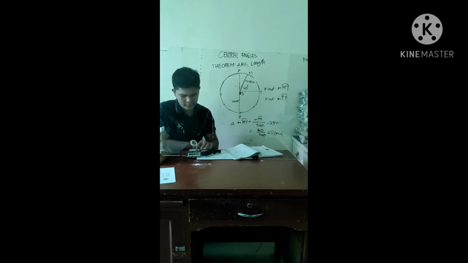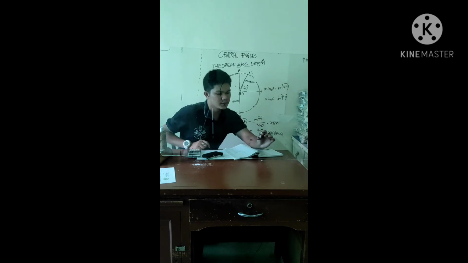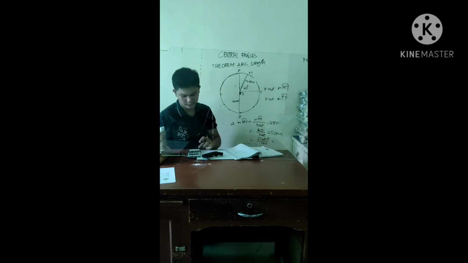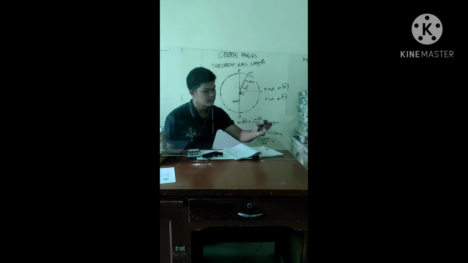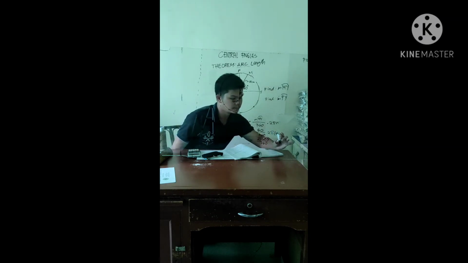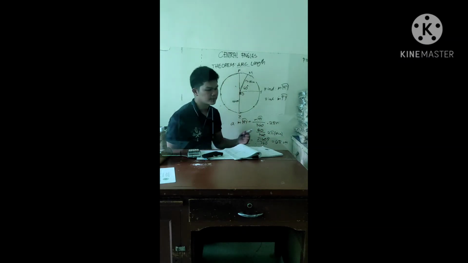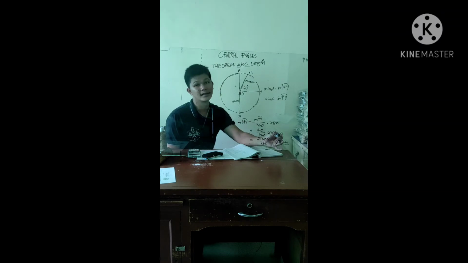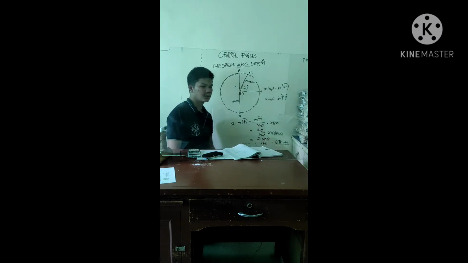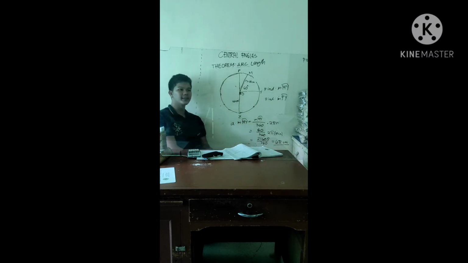So, 60 times 2 times 18, we have 2,160. 2,160 divided by 360, okay, that is equal to 6 pi centimeter. Okay? So, bakit naging centimeter? Kasi nga, centimeter. So, for our measure of your MY, we have 6 pi centimeter.